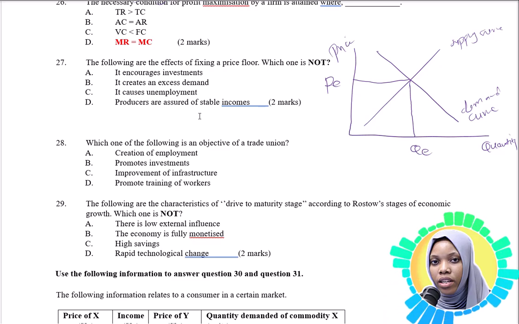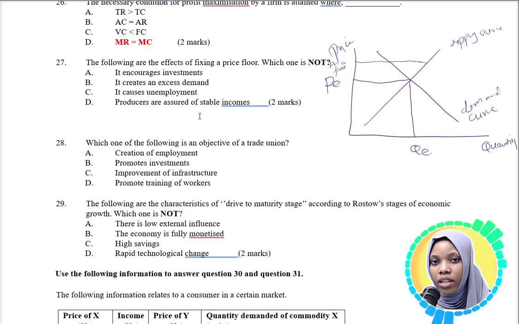So we have said in our previous video that price floor is the price set above the equilibrium price. So this is equilibrium, this is the price floor.